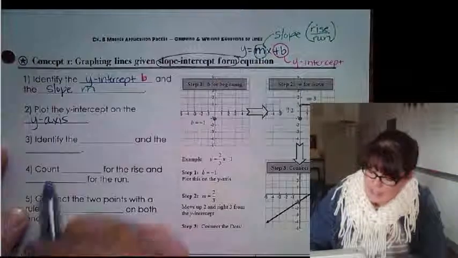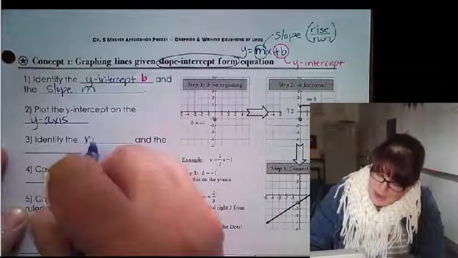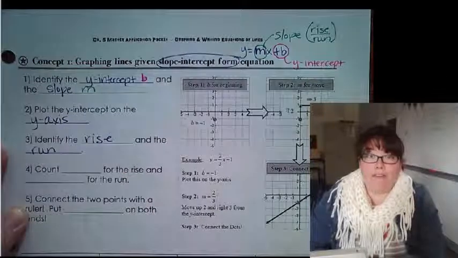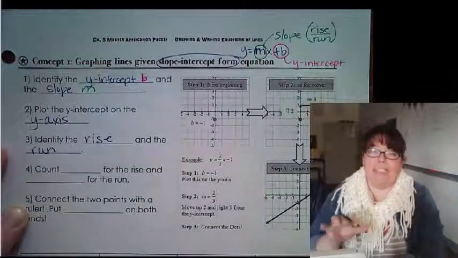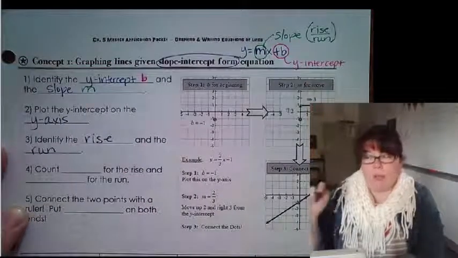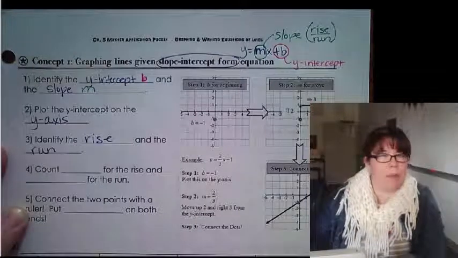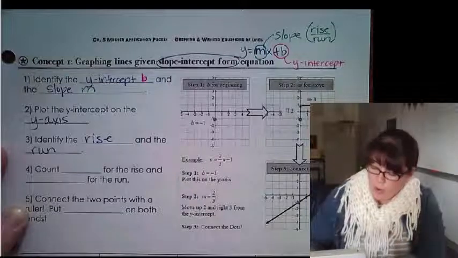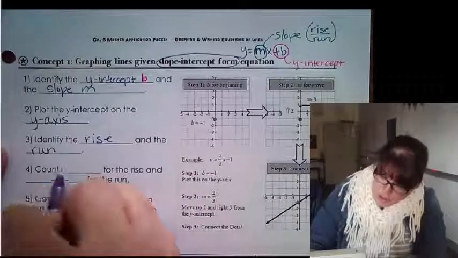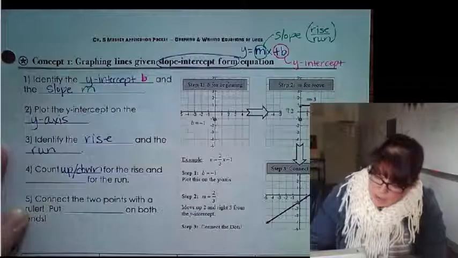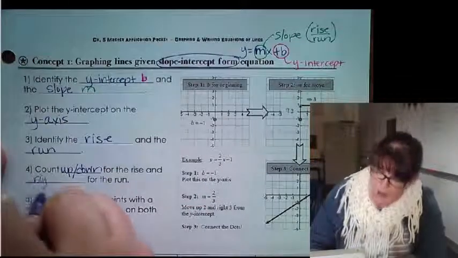You are going to identify the rise and the run of the slope. So it's kind of like you're breaking it down just a little bit more into detail. You've identified the y-intercept and put it on the graph. Now you're looking at the slope and identifying, okay, what's my rise and what's my run? Once you figure that out, you're going to count up or down for the rise, and you are going to count to the right for the run.